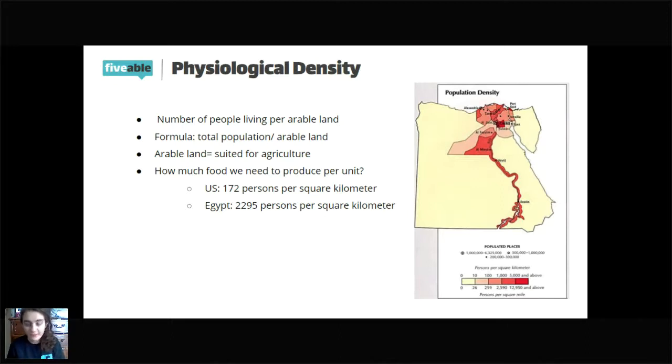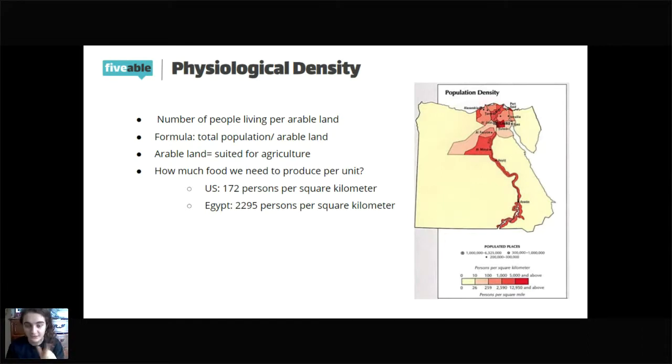The population of Egypt, of course, is not close to the U.S., but they don't have a lot of arable land. If you look at the map to the right, you see that most of Egypt is kind of a desert, and the farmland is concentrated around the red line going down to the south.